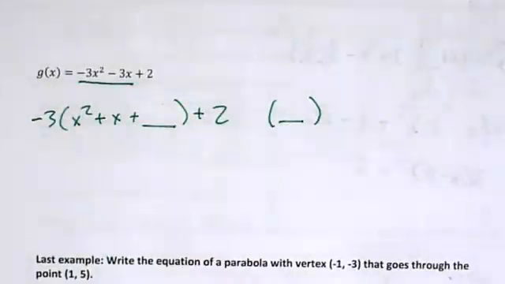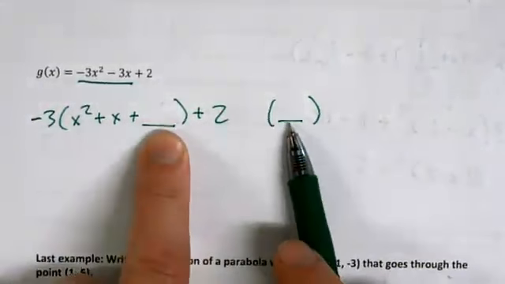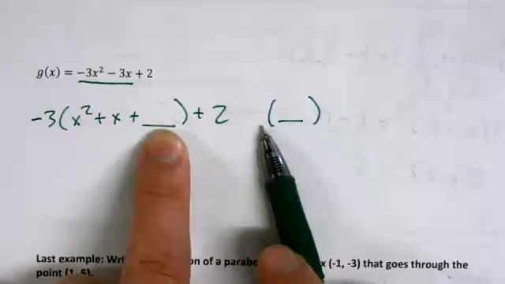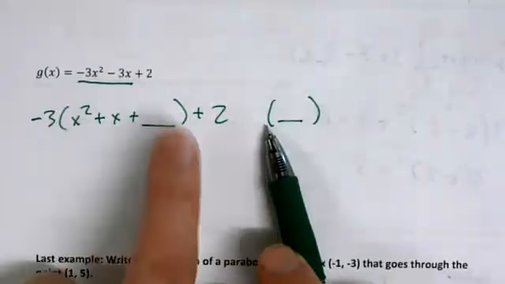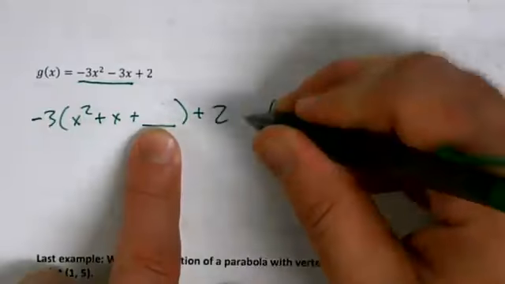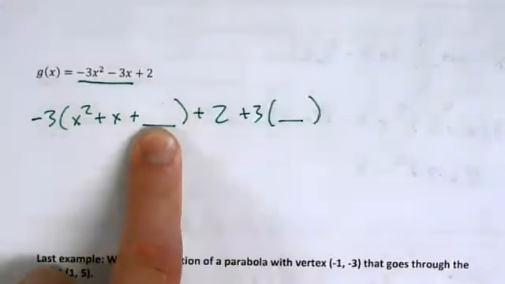And think about how to keep that balanced. If these 2 blanks are going to match, then what do I need to put in front of this parentheses to keep things balanced? Plus 3. This one's getting multiplied by a -3, so we want this one to be multiplied by a +3. I agree.